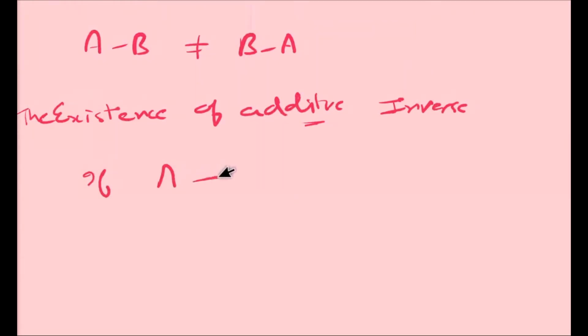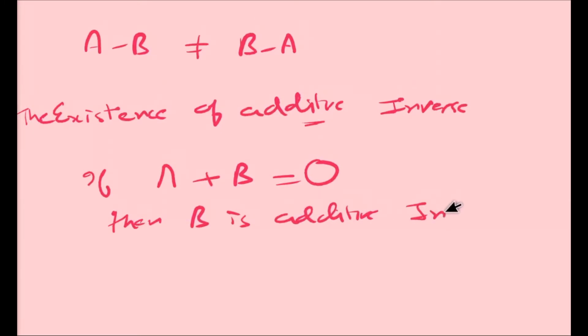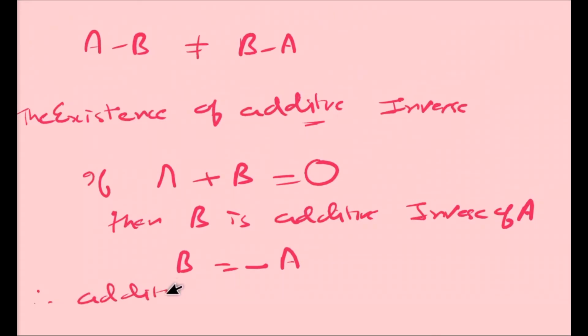If A plus B equals the 0 matrix, then B is the additive inverse of A. It means B equals minus A. So the additive inverse of A matrix is minus A. Okay.